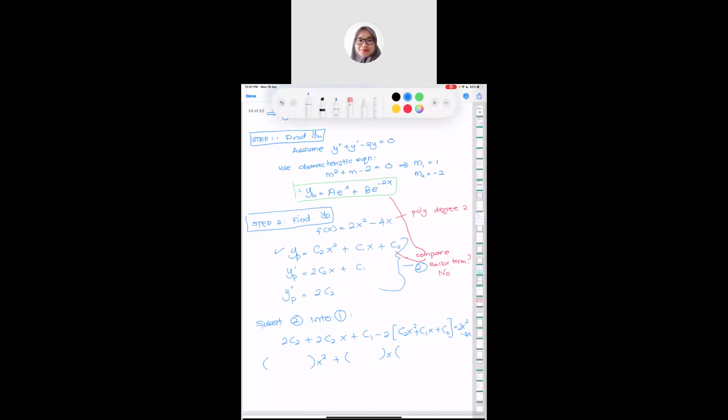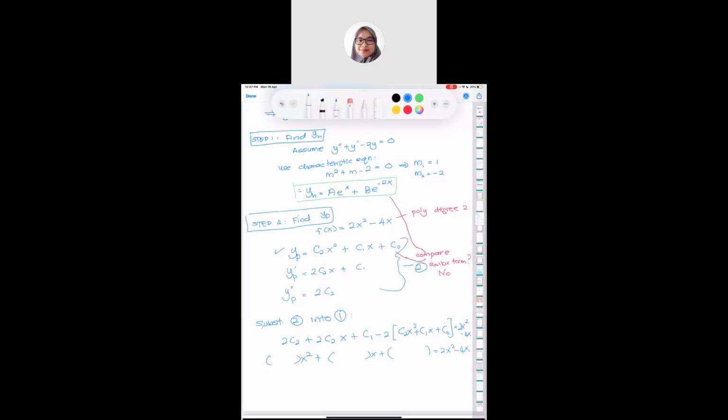Okay, sekejap, takut tak muat nanti. Okay, so koefisien untuk X squared plus koefisien untuk X plus koefisien untuk constant, okay, sama dengan 2X squared minus 4X.